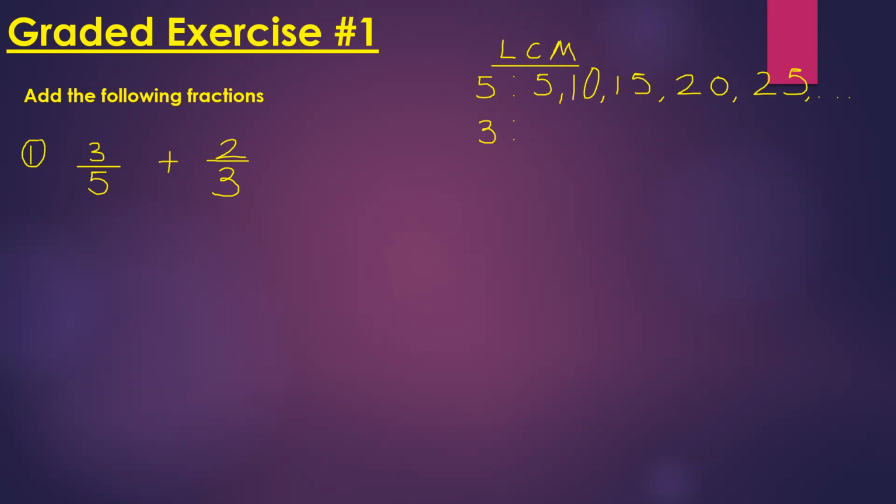The multiples of 3 are going to be what? Chai. 3, 6, 9, 12, 15, 18. Why don't we stop right there? Okay, then. Now, Deshaun, what do we do from now?